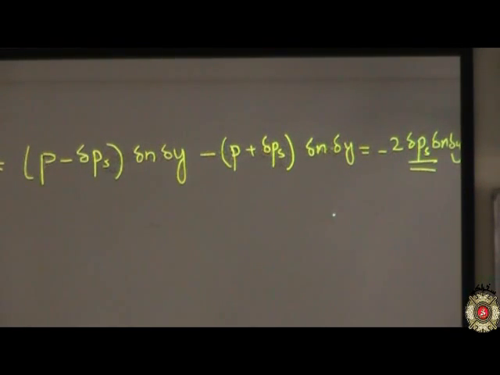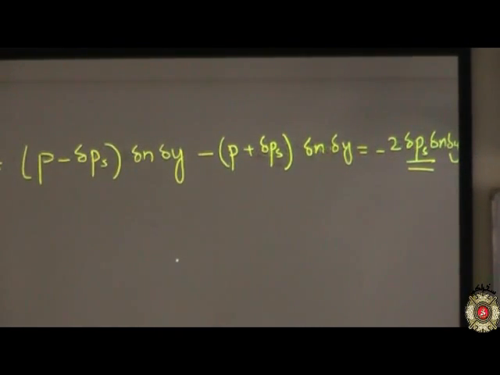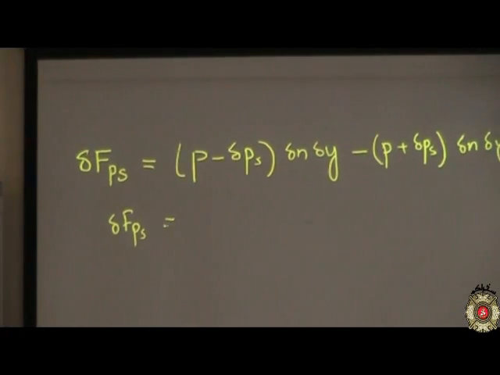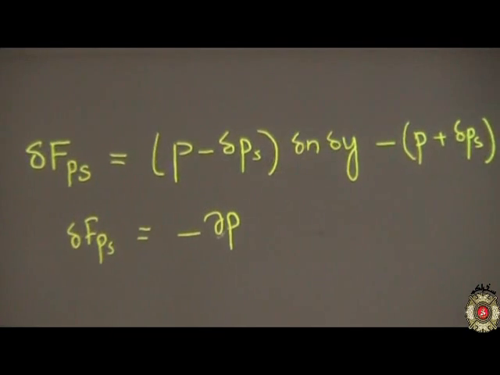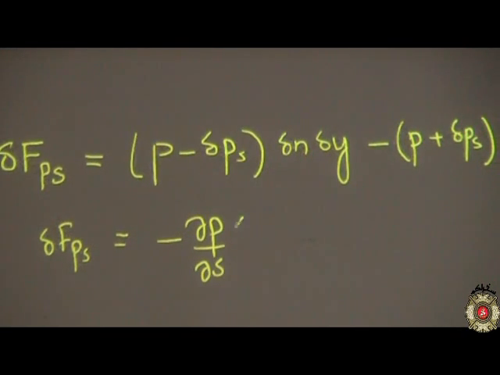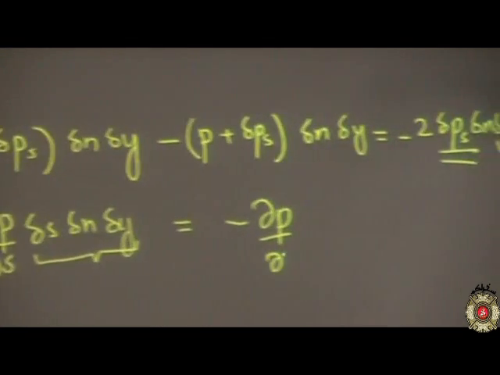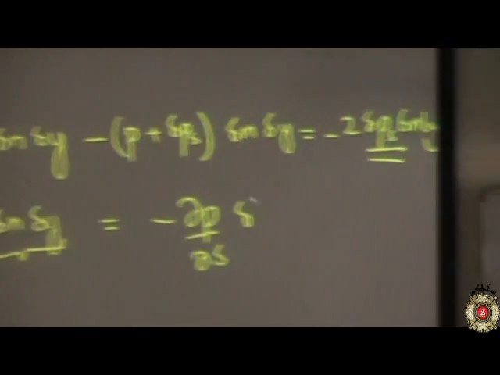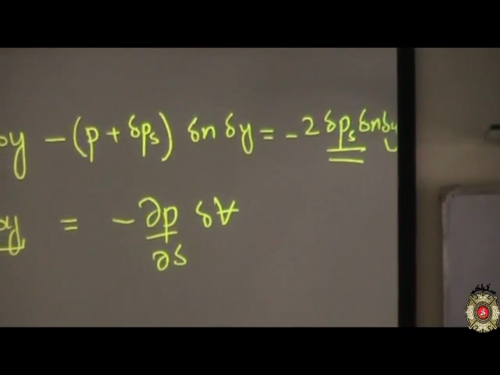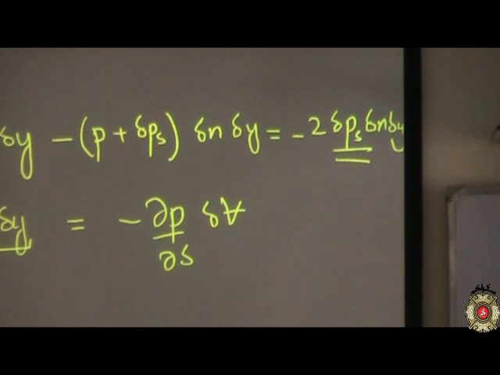Now this delta P_s, we just wrote the value of this. That is why this F_P_s now becomes minus partial P, partial S, delta N, delta Y, and this thing is in fact all the three directions. So that is minus partial P, partial S over the volume. Now this is the force due to pressure in the streamline direction.